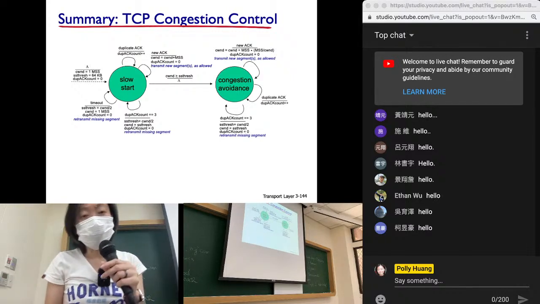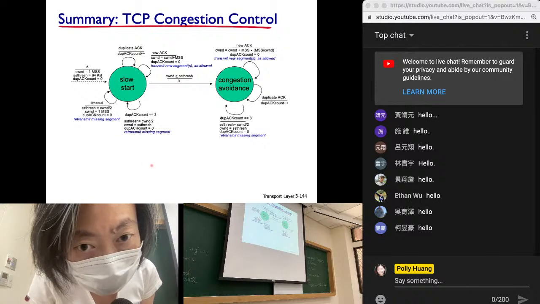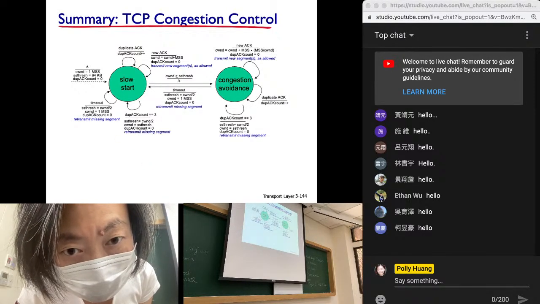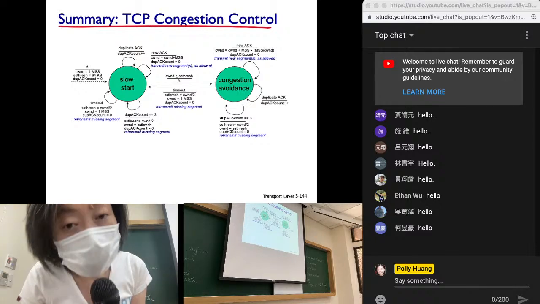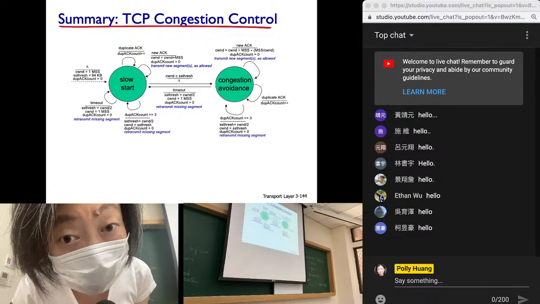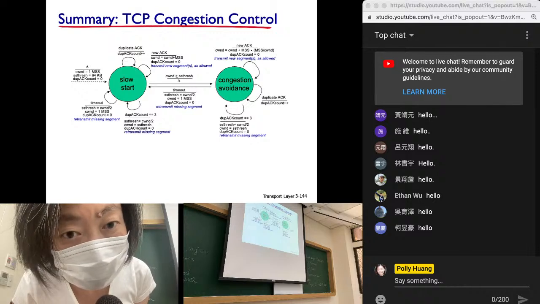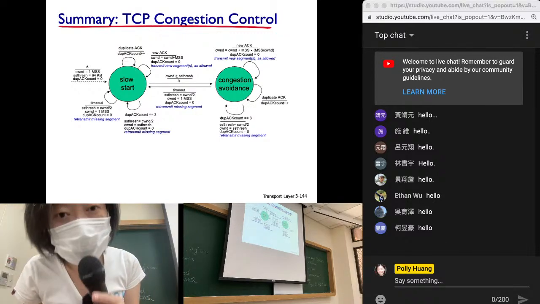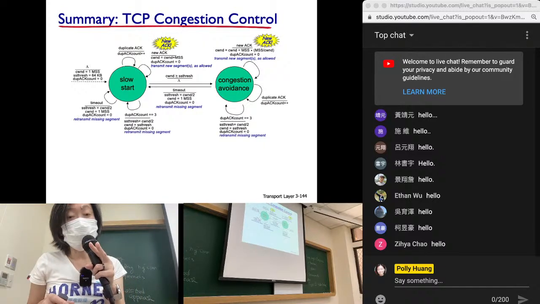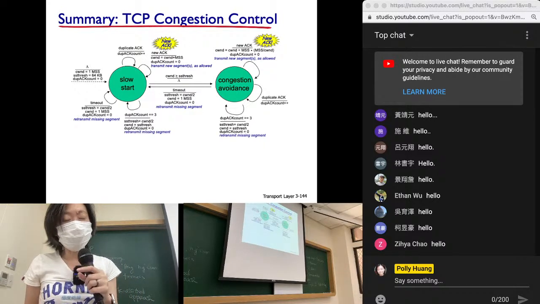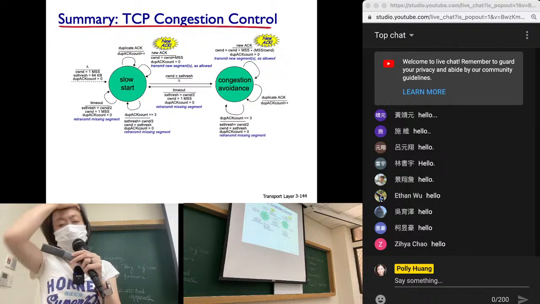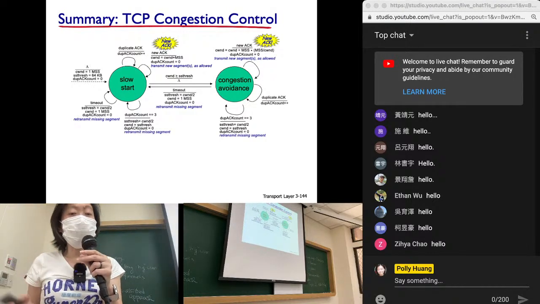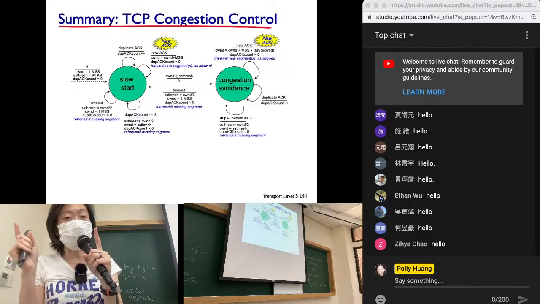Now, if we look a little bit closer in each of the states, to come back to the slow start state, if we run into a timeout, window size will be reduced to 1, right? Then it's like working in the slow start state. And we see that in both of the states, there are these transitions that's triggered by new ACK. Okay, so this is a successful data transmission, triggering the receiver to send a new ACK. So what we do there is what? Increase the window size.